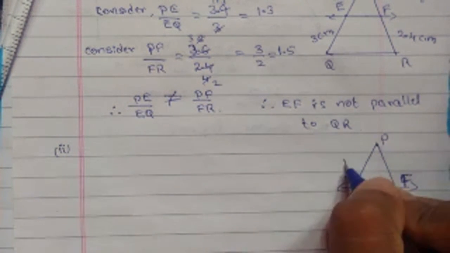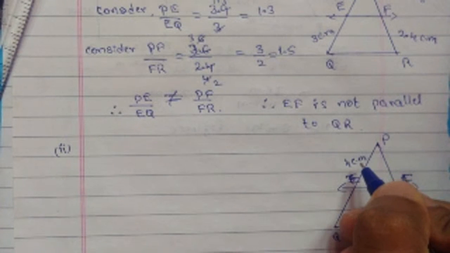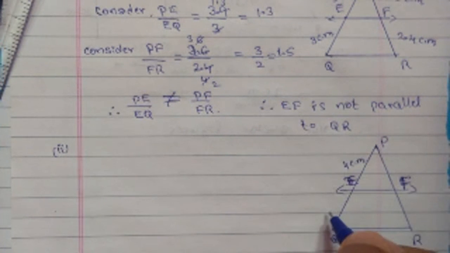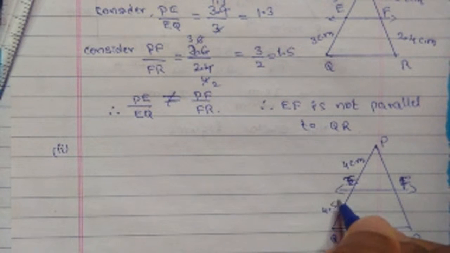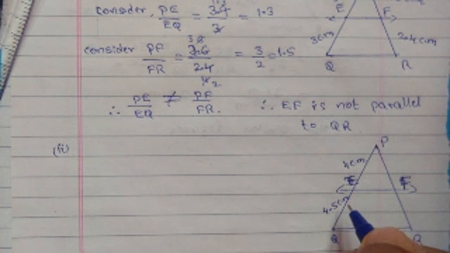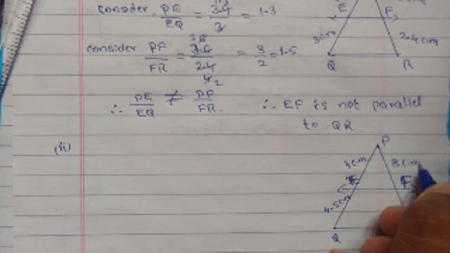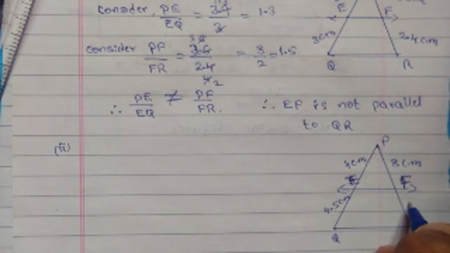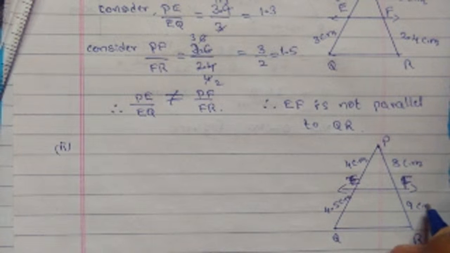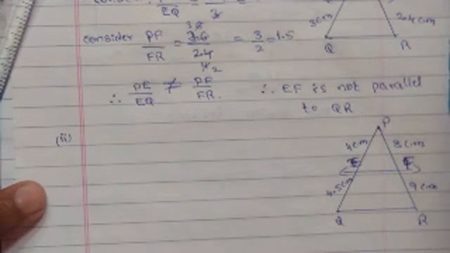PE equals 4 centimeter and EQ equals 4.5 centimeter, and PF equals 8 centimeter and RF equals 9 centimeter. Now again we have to find out the ratio.